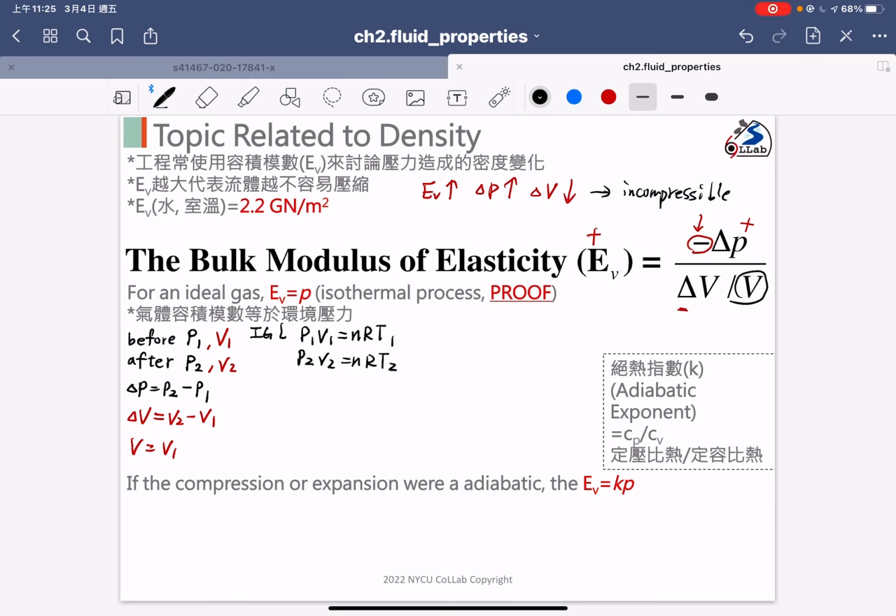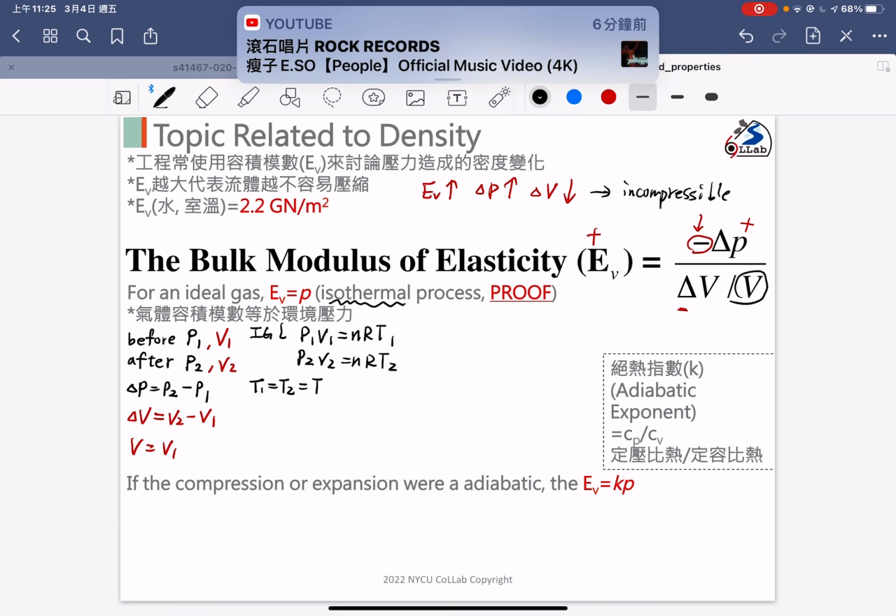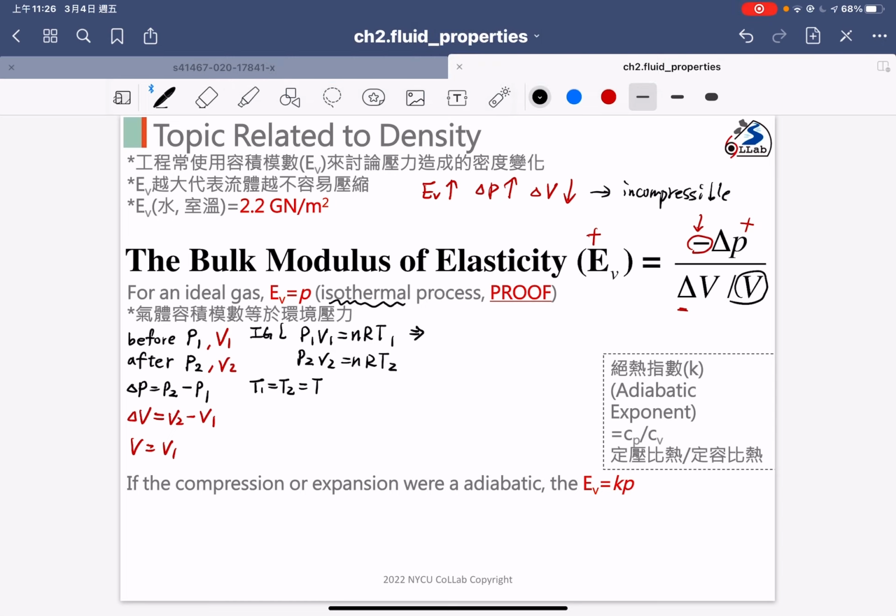And based on the isothermal process, that indicates T1 is equal to T2 is equal to T, right? They are the same. So we can rewrite the equations as P1 V1 equals nRT and P2 V2 equals nRT.